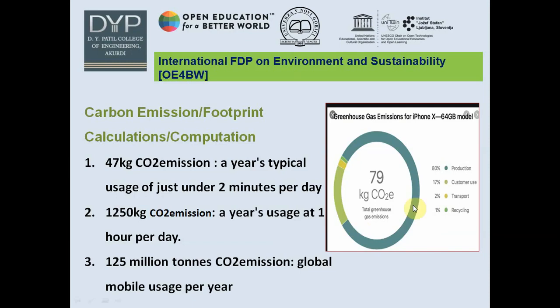Then this graphic also shows the iPhone X, the 64 GB model, which emitted 79 kg CO2 as greenhouse gas emissions. This 79 kg CO2 emission is divided as 80% production, 70% customer use, 2% transport, 1% recycling. So this is one of the graphics related to the carbon emission of smartphones.